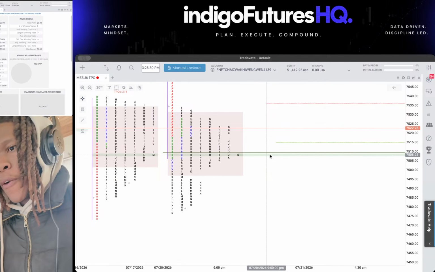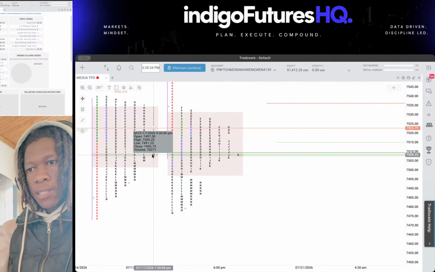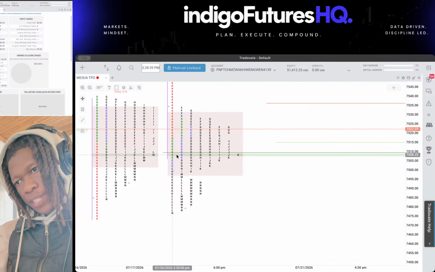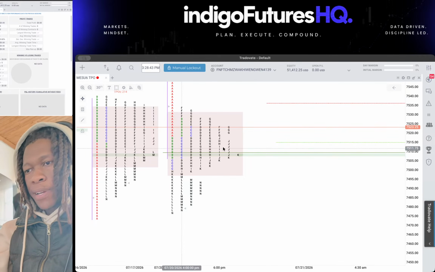So where the most amount of time was spent in the market yesterday. And you can kind of see it is overlapping with the previous day. So Monday's TPOC and Friday's TPOC are pretty much at the same level, 508.